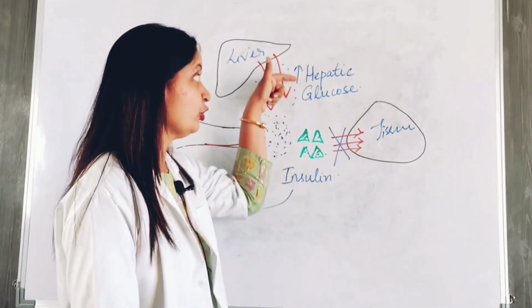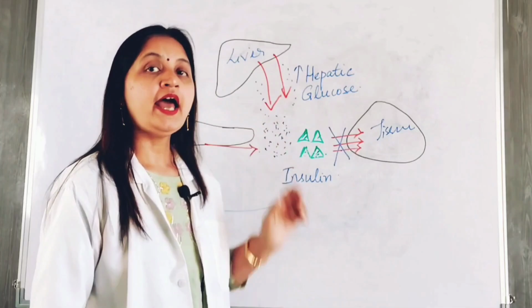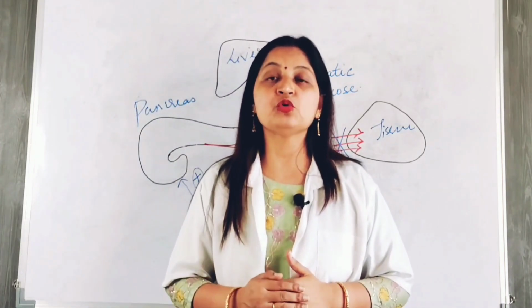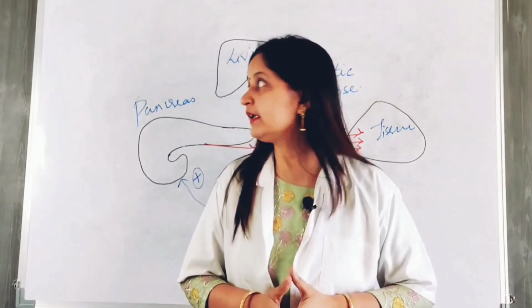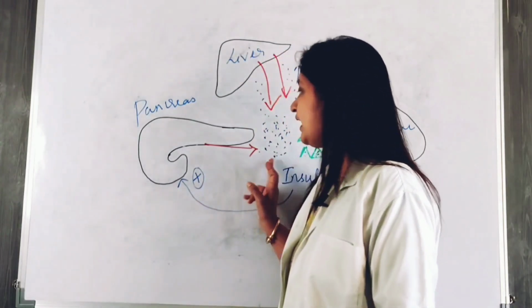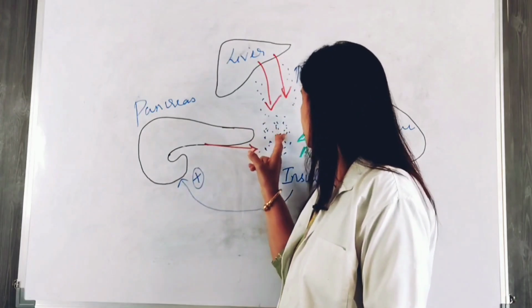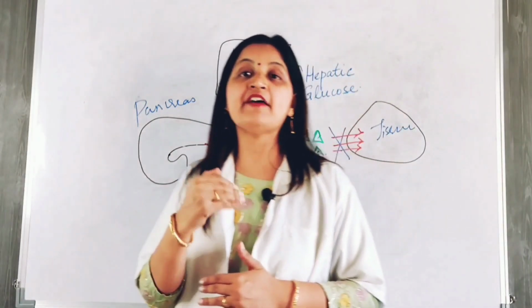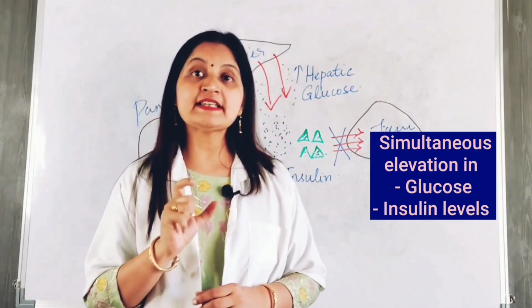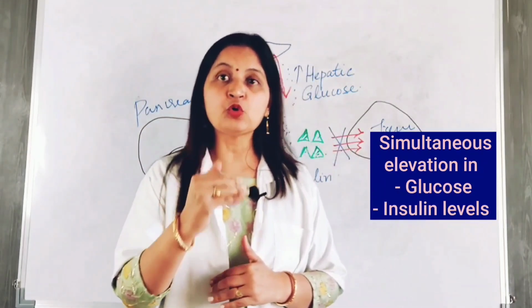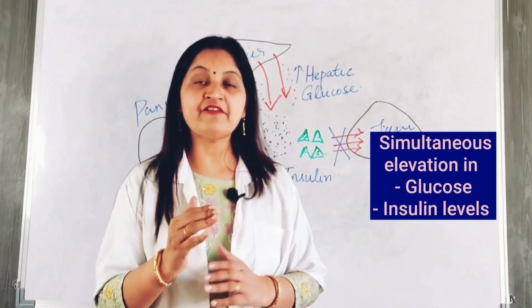Also, there is increased glucose production by the liver, and this further increases the blood glucose levels, causing extreme hyperglycemia. This increased blood glucose level stimulates the pancreas to secrete insulin, and this increases the levels of insulin. So there is simultaneous increase in the blood glucose level and insulin levels.